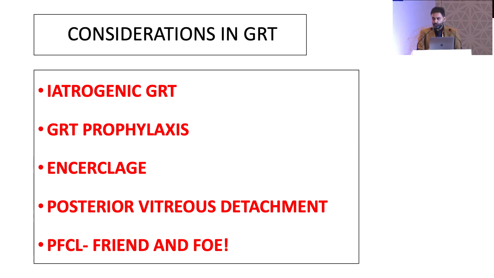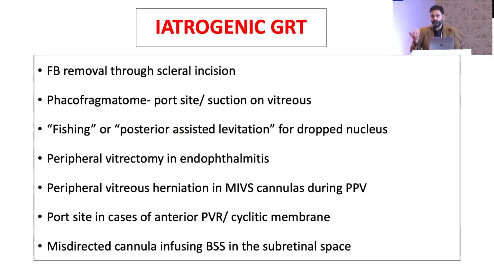I'm going to start with iatrogenic giant retinal tears and what we all should be aware of. As surgeons, if you remove foreign bodies through sclerotomy incisions and try to increase the size of the incision and use your MVR or whatever instrument you choose to get the foreign body out, you can get a port-site giant retinal tear.